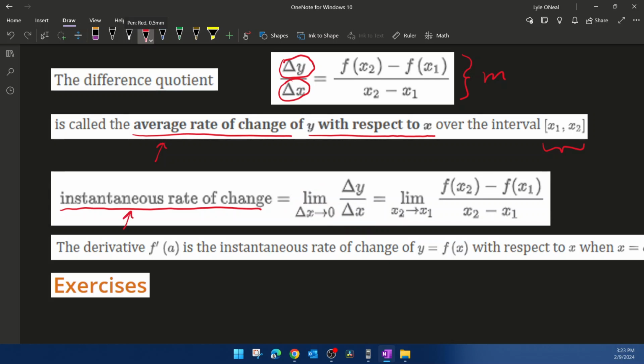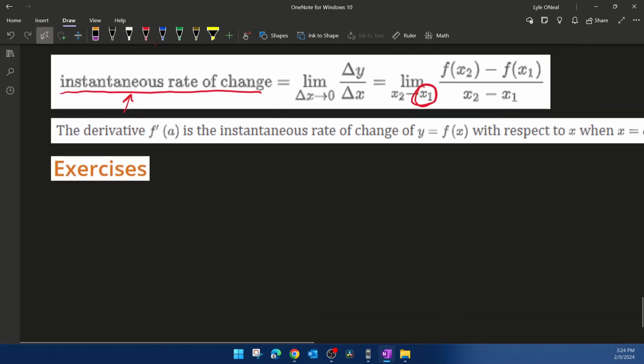Okay, do you understand? That is the rate of change at a particular point. The average rate of change is the speed or the velocity or the rate of change over an interval. But the instantaneous rate of change is at a specific value as x2 approaches x1.